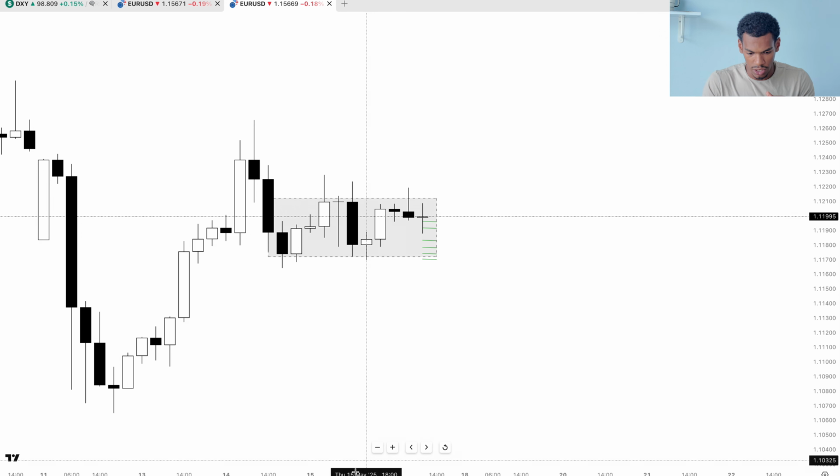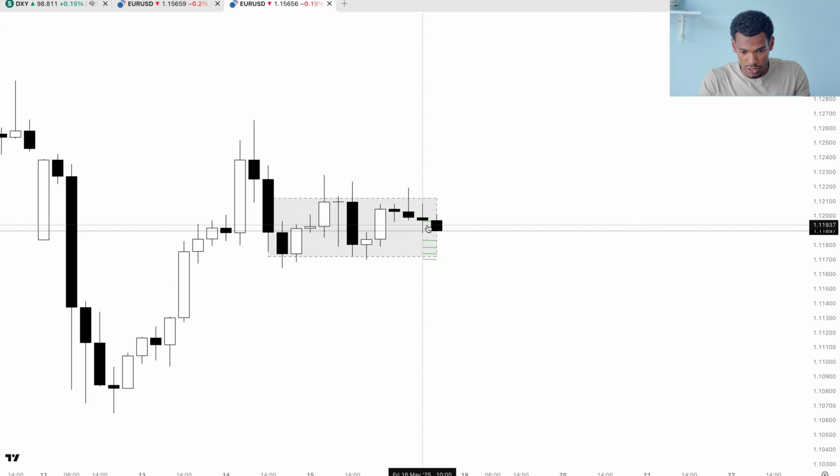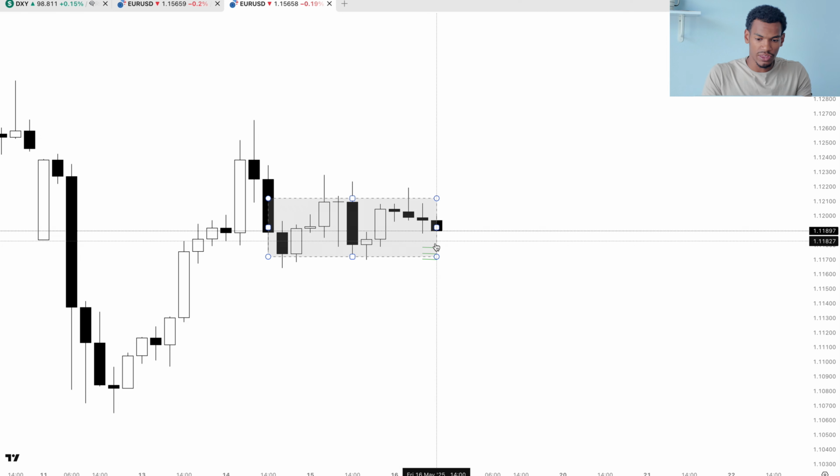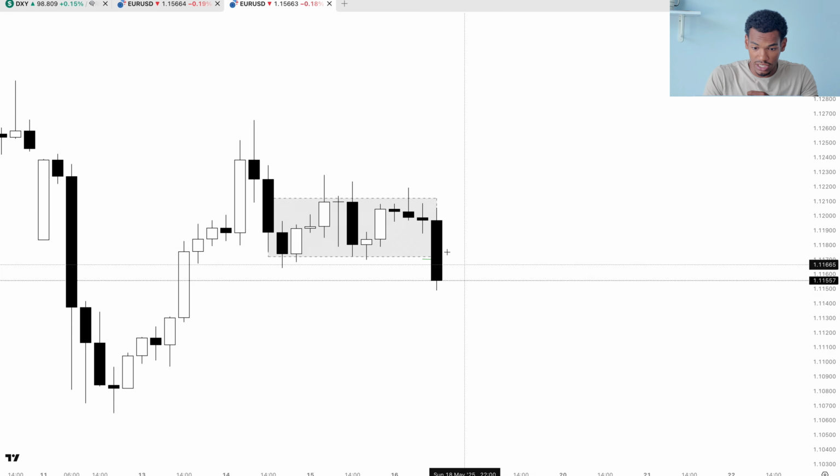So as this order starts to come through, let's try and create a good example here. As that starts to trigger, they will start to pull this bid side liquidity away, creating an even thinner market condition, and then price enters a state where it needs to start seeking liquidity.